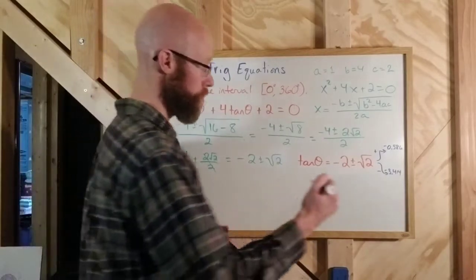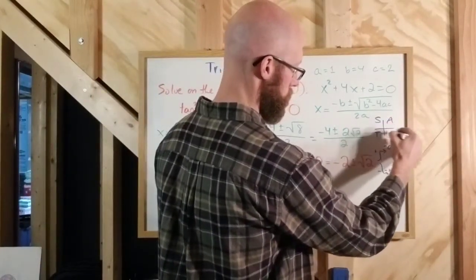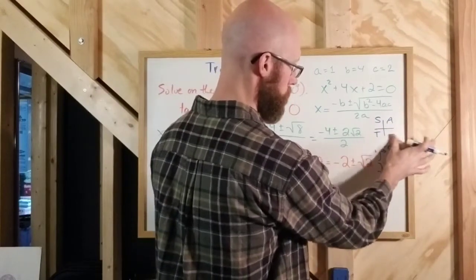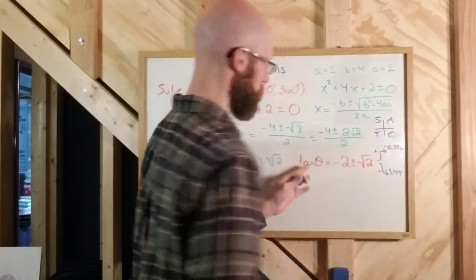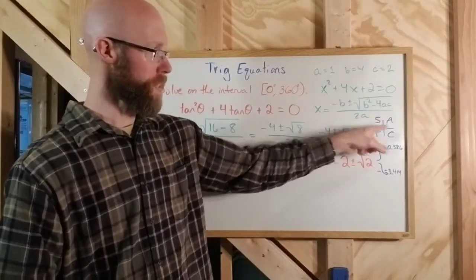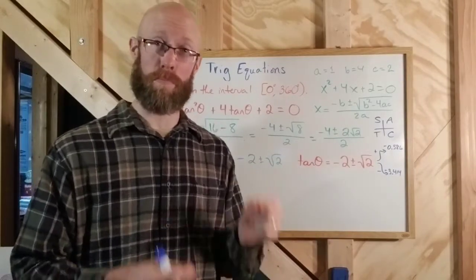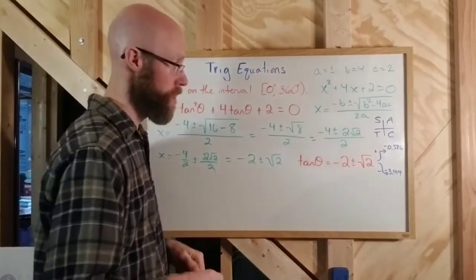Remember, for the tangent, ASTC, that's a bad C, tangent is positive in the first and third, negative in the second and fourth. So we need second and fourth quadrant angles for both of those answers.